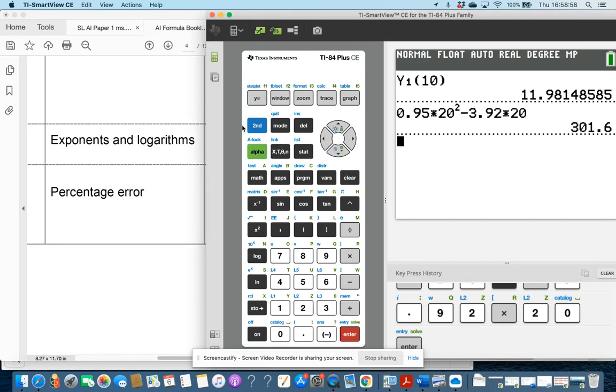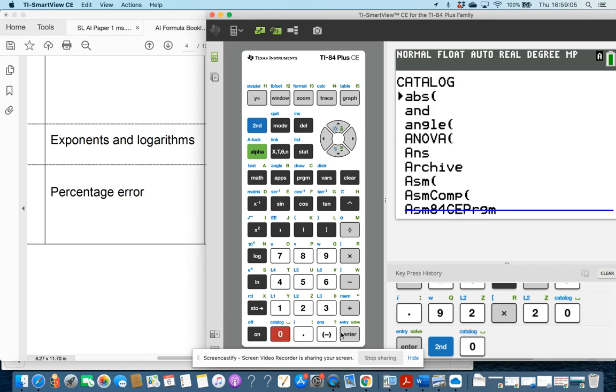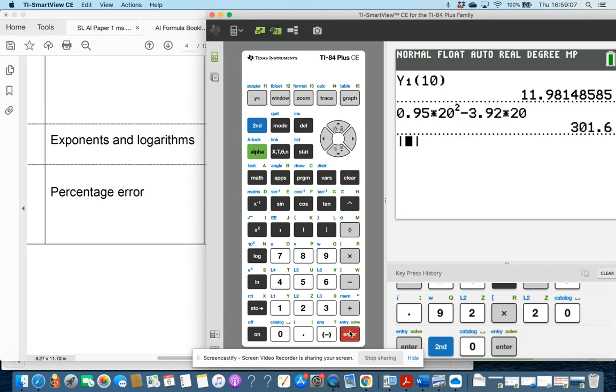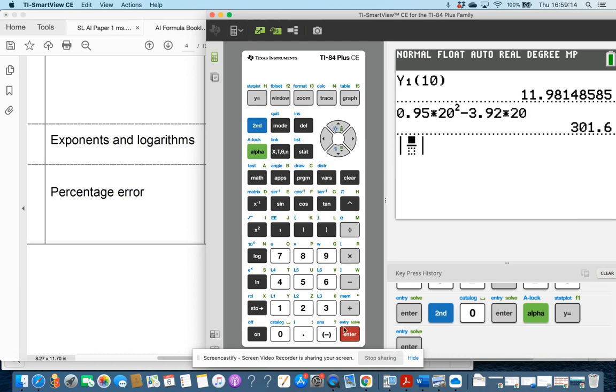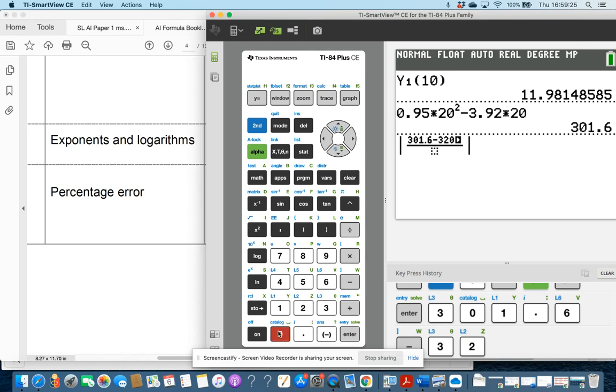Okay, so the absolute value function, I like to find it in the catalog. You can find it through the math key. I like the catalog because it's the first one. And I want to do a fraction in here, so I'm going to do our approximate value, which is pretty darn precise, minus the actual, or the exact value, divided by the exact value.